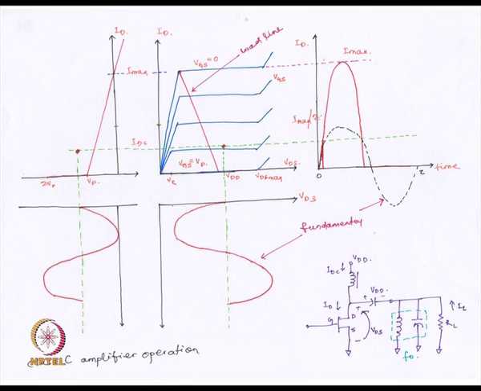When I say that the transistor is conducting for class B, I say that the transistor is conducting for 180 degrees. It appears as if the output voltage will also conduct for 180 degrees. No, that is not the case. The output voltage will keep on remaining the same. It is just that the output current changes.